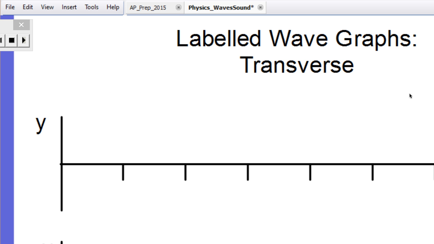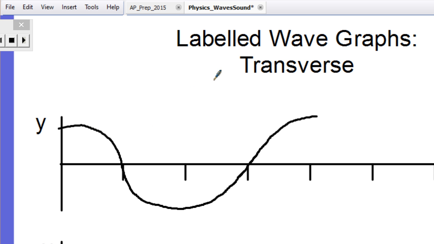All right, so now, how would we label these waves? Let's have a transverse wave. Now, t is the x-axis here, and y is the y-axis. y is our displacement. t is time.